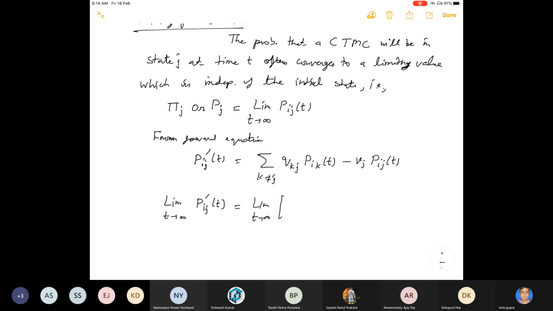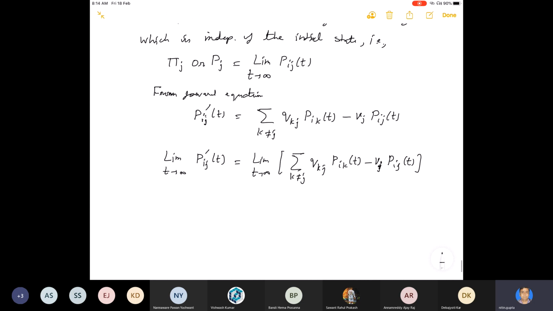Now the summation over k not equal to j of qkj Pik(t) minus vj Pij(t). When the limit goes inside, because we know that these probabilities depend only on the final state, this becomes Pk.